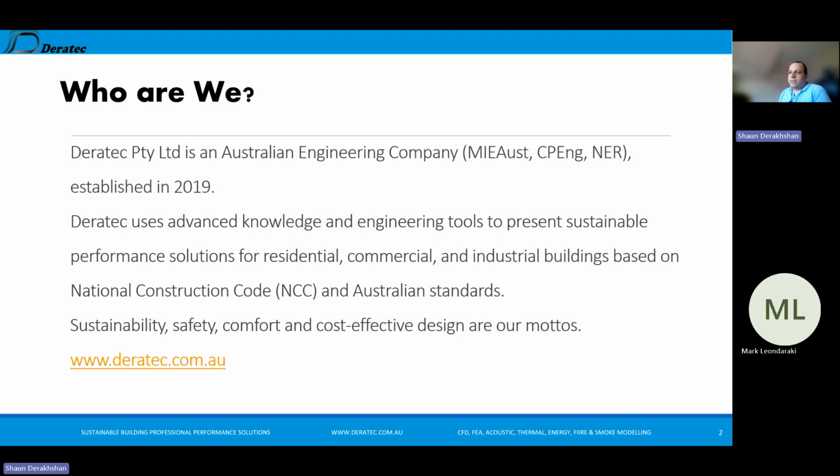The main focus is to help our clients in their projects with sustainability, safety, comfort, and definitely cost-effective design, which is very important when we are doing a job.